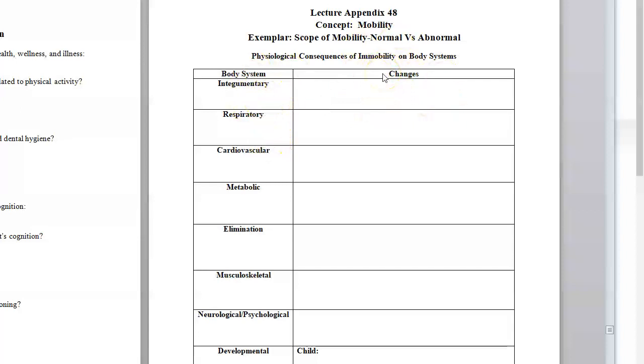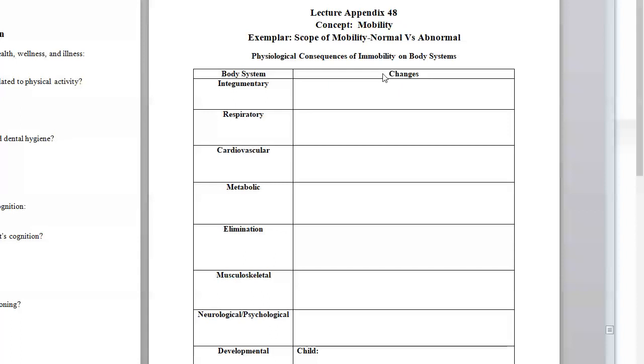I'll give you an example of the first system here. If you look at the integumentary system, what you would see when someone becomes immobile is increased pressure on the skin, which would be aggravated by metabolic changes. And of course, we know decreased circulation to the tissues causes ischemia to the area, which leads to pressure ulcers. So that's what I want you to do with this particular activity or exercise.